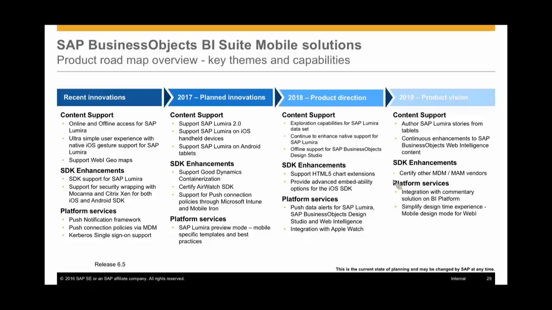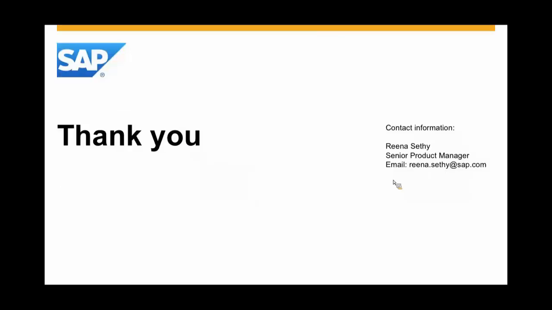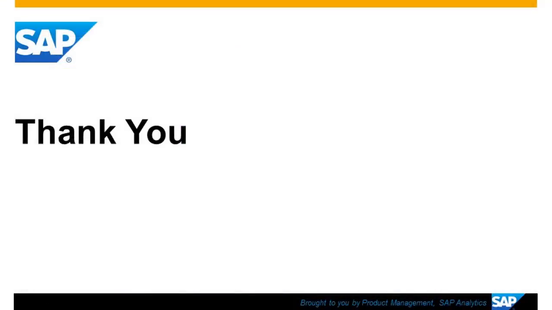This is pretty much what I wanted to share as part of the Mobile BusinessObjects Mobile roadmap. I'm sure you have a lot of questions on how it relates to Roambi after the acquisition. Roambi is for our cloud customers, whereas BusinessObjects Mobile is for our on-prem BI platform customers.